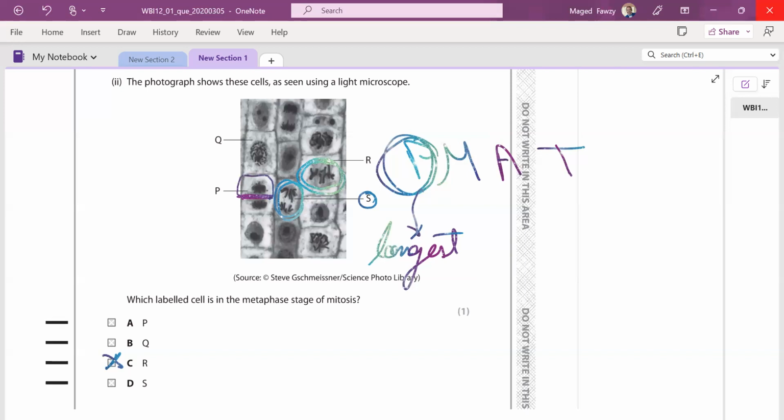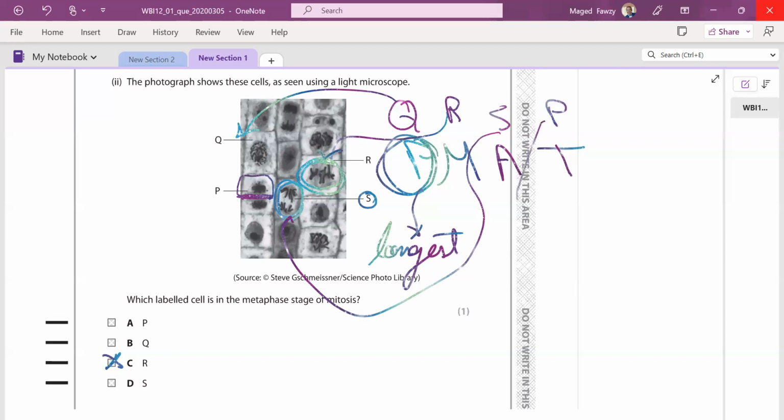So simply Q is the prophase, the metaphase is R, the anaphase is S, and T is the telophase, which is P.